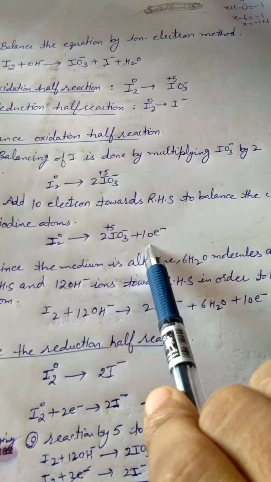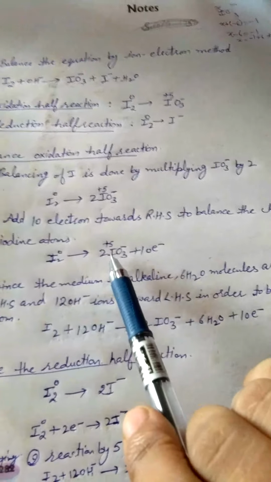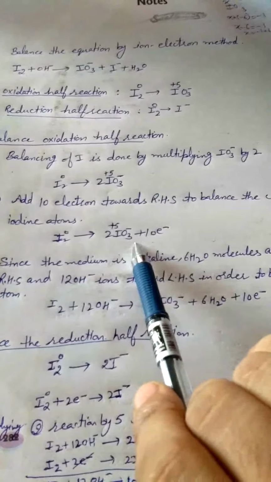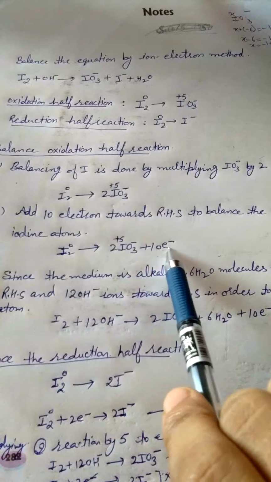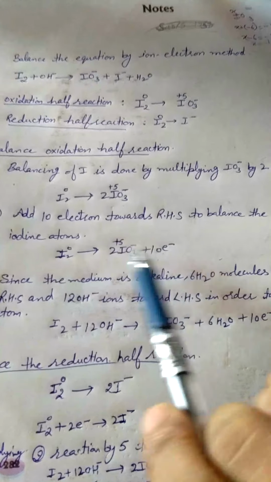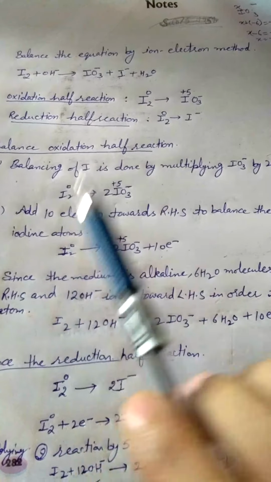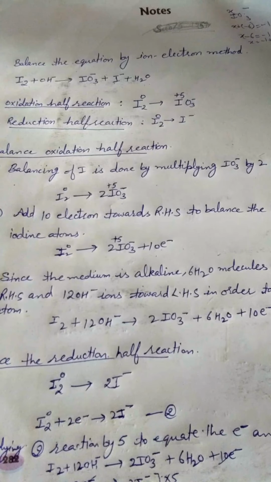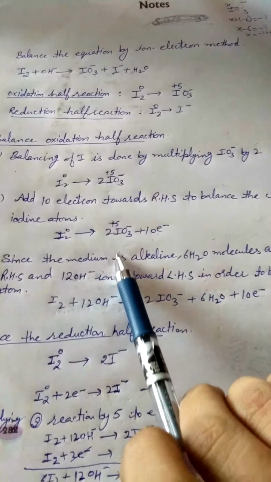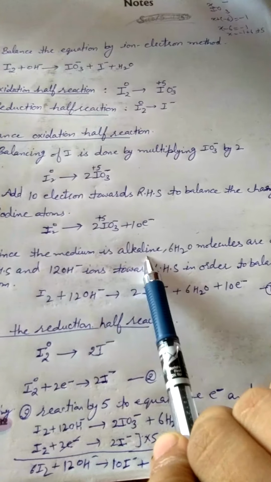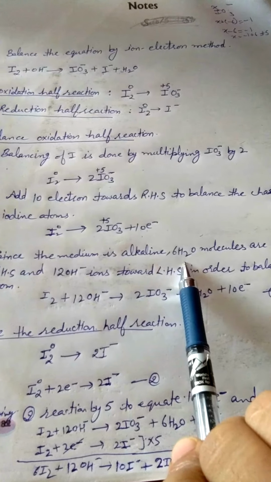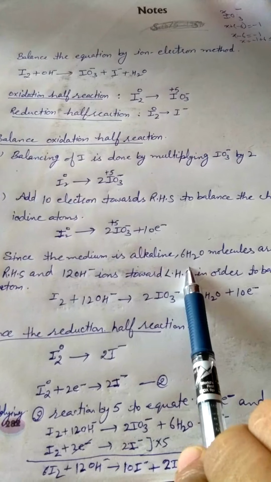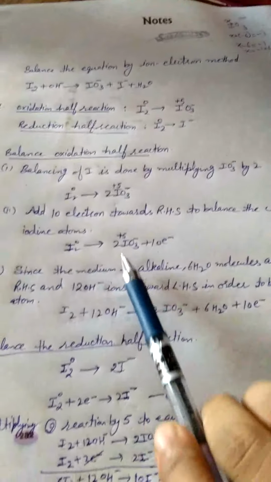We write 10 electrons on the right hand side because it loses 10 electrons and becomes neutral, which balances the equation on both sides. Since this reaction takes place in alkaline medium, here we add 6 water molecules. Why do we add 6 water molecules?